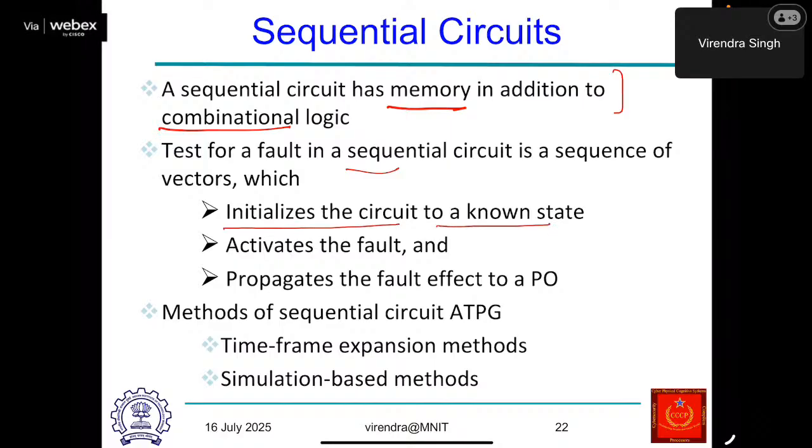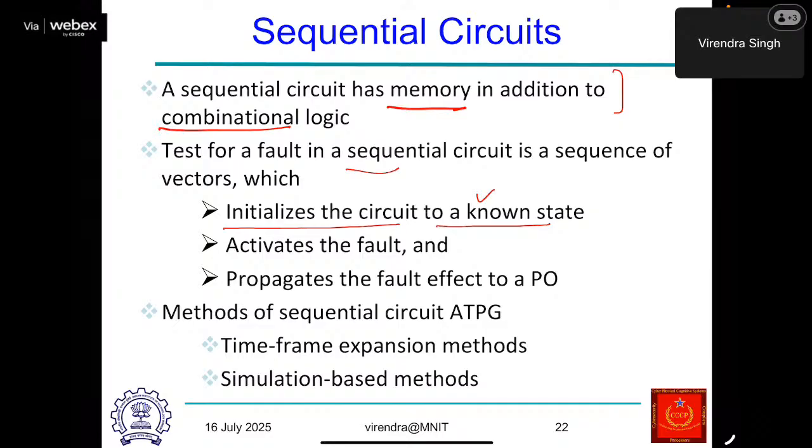If I don't initialize to a known state, I don't know, because I have no control over the values of the memory elements. I have full control over the primary inputs, what I'm applying there, but what value the storage elements are holding, I don't have any control over. Therefore I have to make sure that the memory elements will hold some value that I want, right?